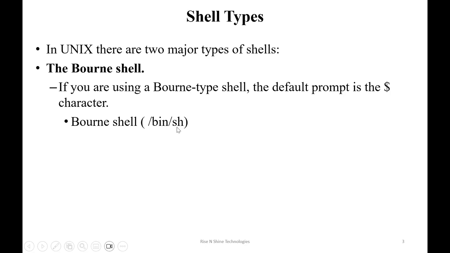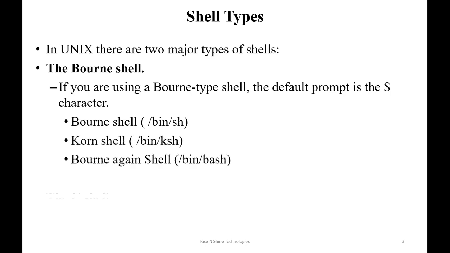This is the basic shell type, but nobody is using this Bourne shell. Advanced to the Bourne shell, we have the Bourne Again shell, which is the recommended one and the one we use most frequently.